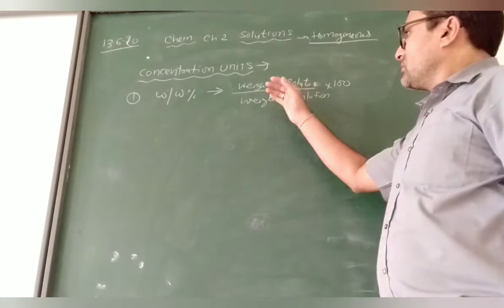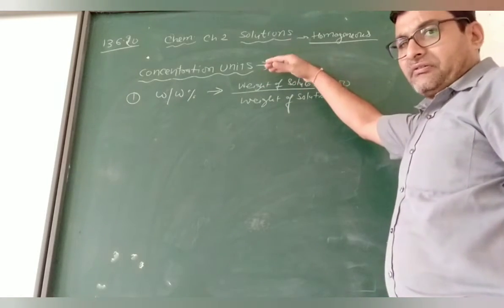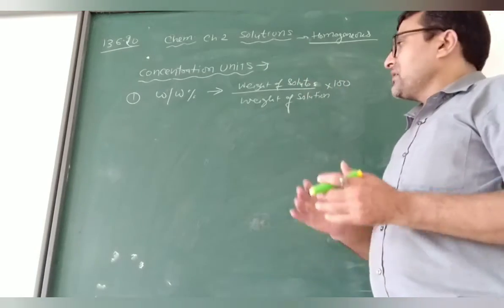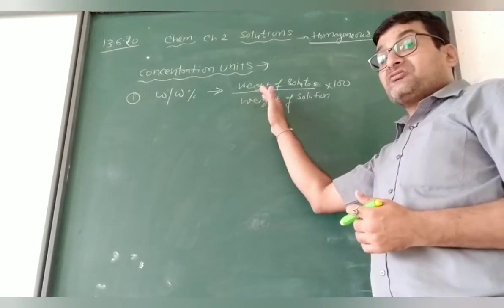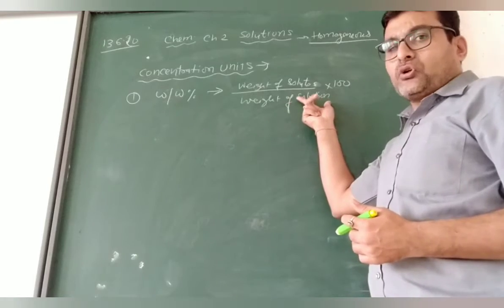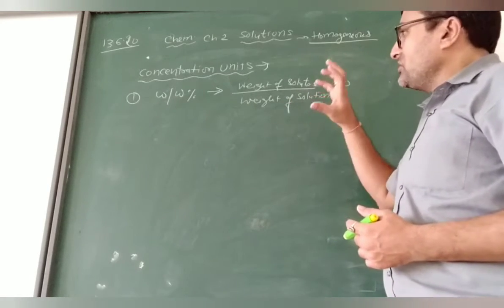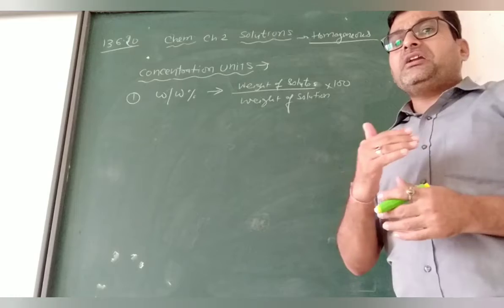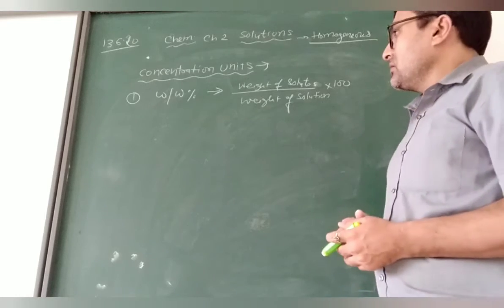That is, the weight of solute divided by the weight of solute plus solvent, which is the solution, into 100. In this way we get the weight by weight percentage.